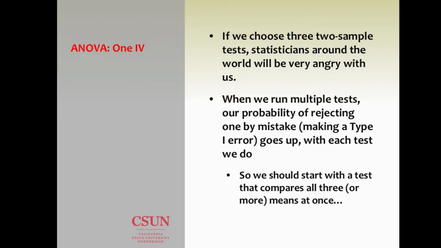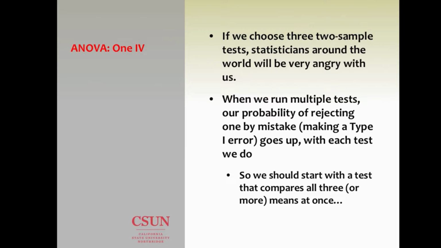And so if you run a ton of tests, you're increasing your likelihood of screwing up just by probability. That's called the probability of type 1 error going up. Type 1 error is making a mistake, rejecting your null hypothesis when you should not.